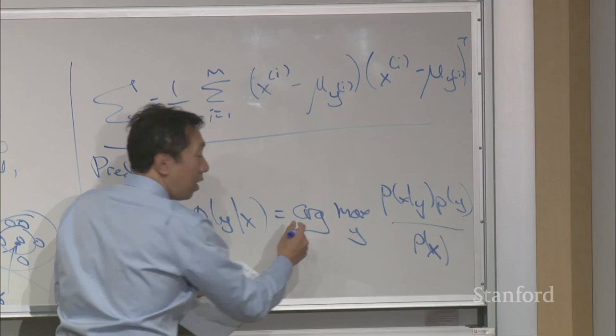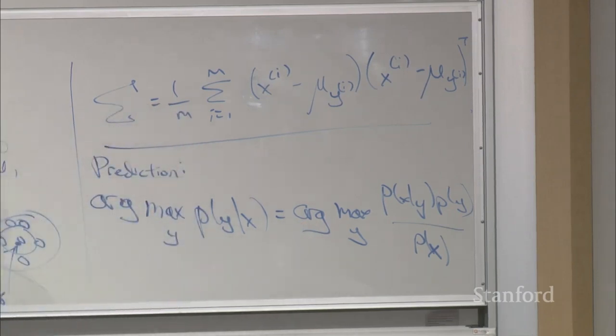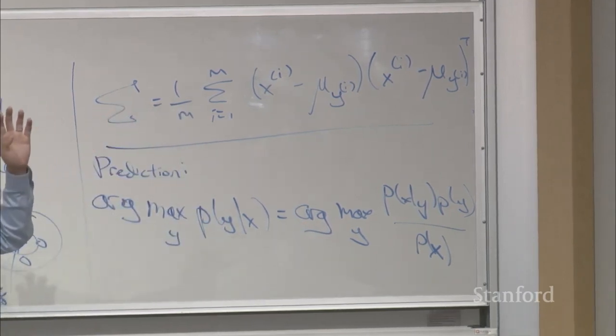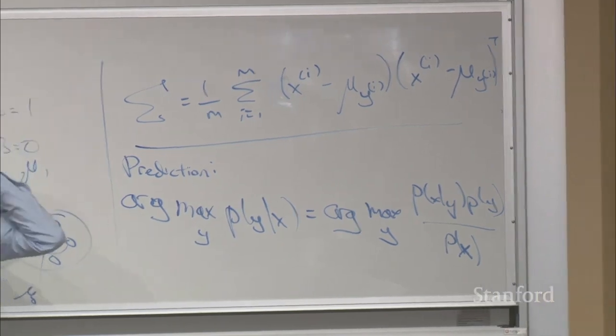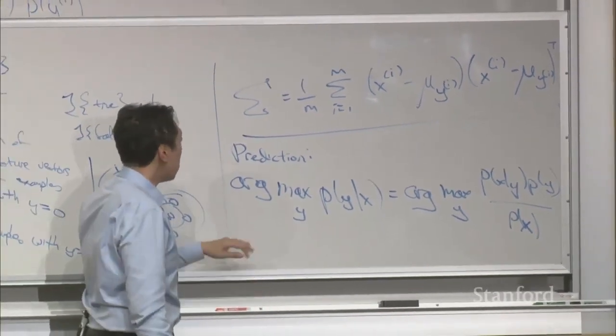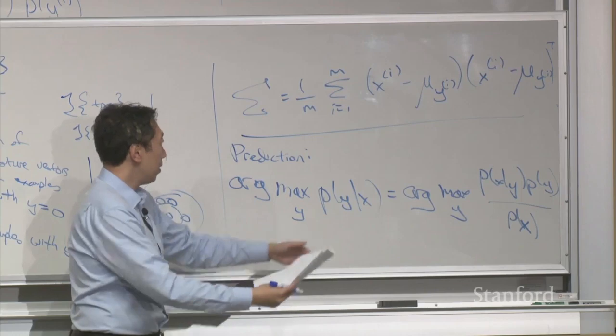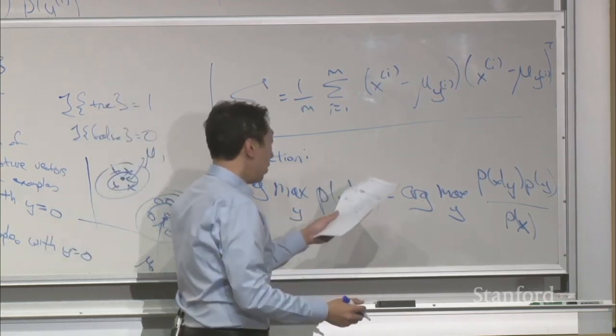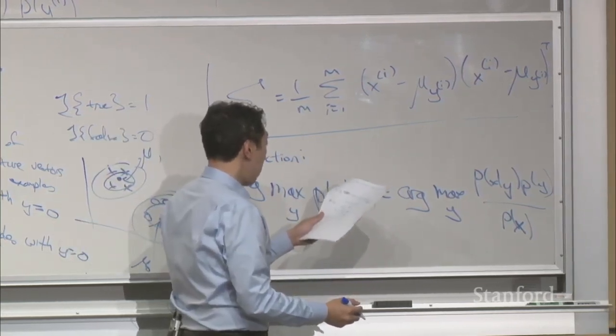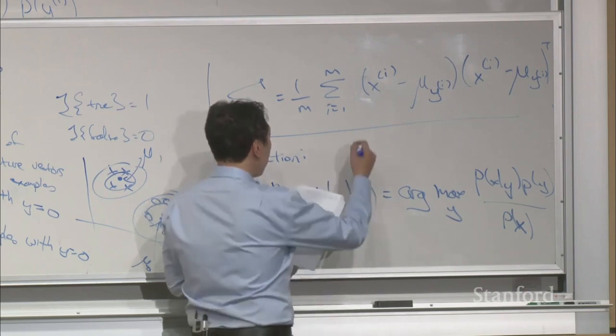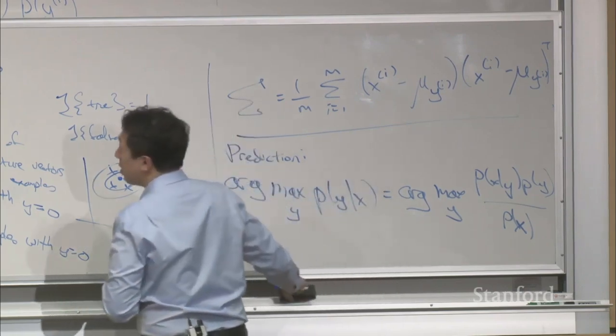Now, I want to introduce one more piece of notation. How many of you are familiar with the argmax notation? Most of you, like, two-thirds? Okay, cool. I'll go over this quickly. So let's just do an example.